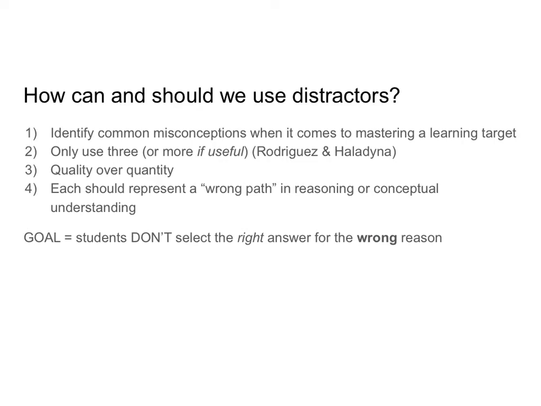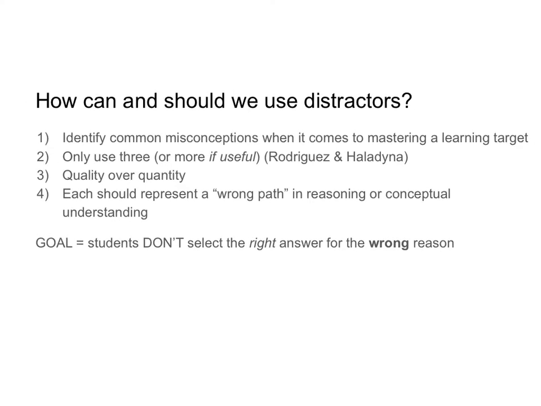So we all know the typical multiple choice answers of A, B, and C, right? Or maybe A, B, C, and D. Well, what we have to decide as teachers, as future teachers, is how we can use these wrong answer choices, maybe A is the right one, to actually lead to student understanding and help us see where students are getting wrong, where students are going in the wrong direction or down the wrong path.